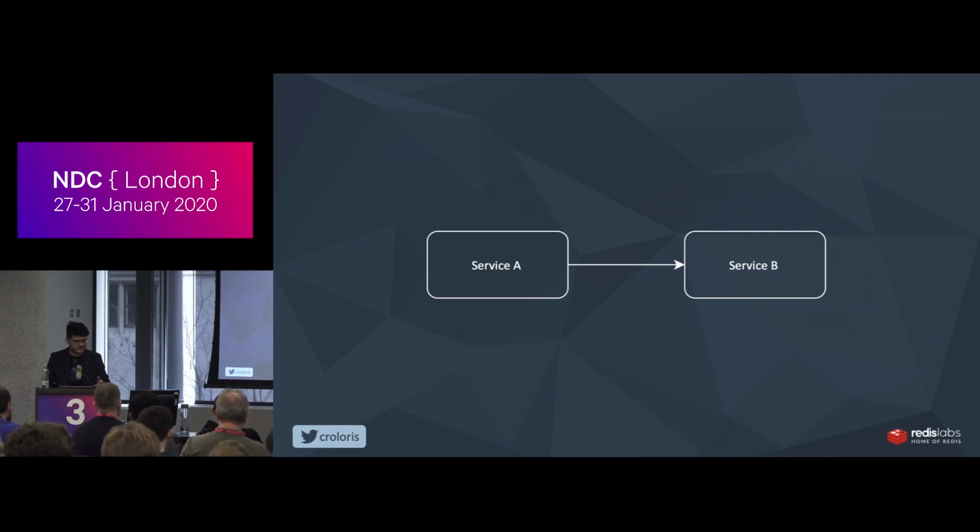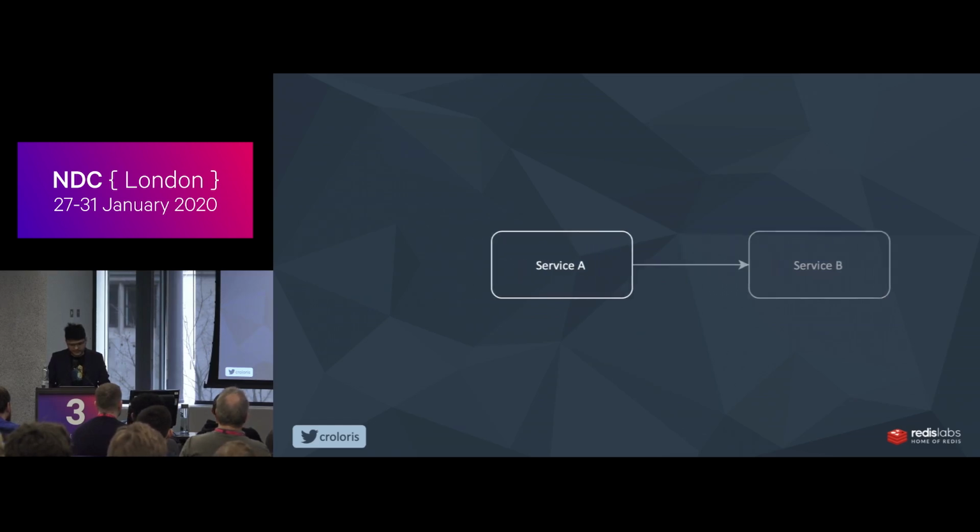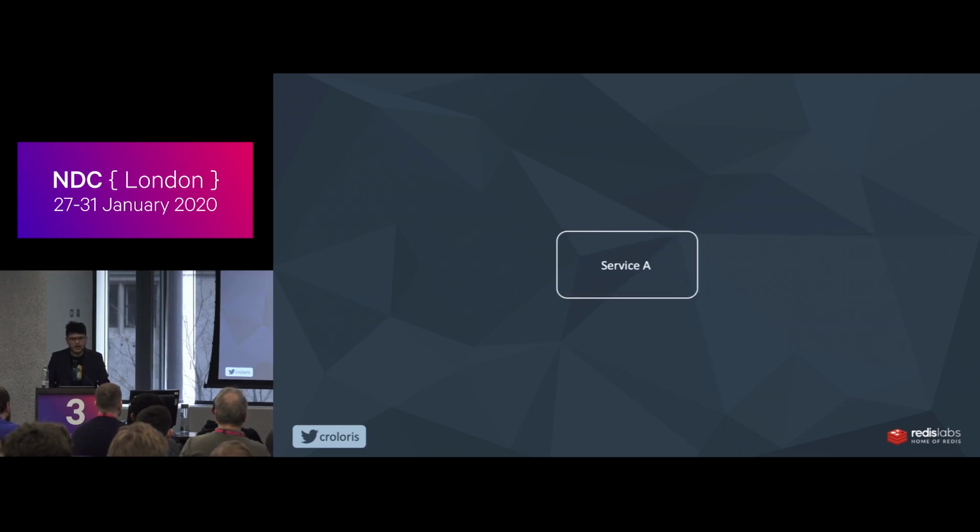But in this session, as I mentioned earlier, I want to focus on what happens within a single service. And in fact, whether you have 100 services in your microservice architecture or you just have one big monolith, for the scope of this presentation, it doesn't really matter, because I want to see what happens inside the service. So let's zoom in and forget all about other services.